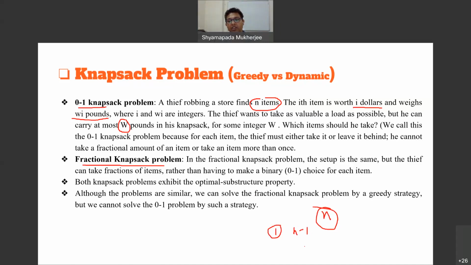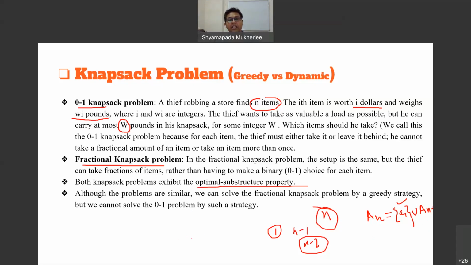After taking a second item, he will be left with n minus 2 items. If we denote the optimal solution as A_n, it will contain the one item that we have taken, suppose a1 or w1, and then the union of A_(n-1). So the optimal solution A_n depends on the one item you have taken at the time and the optimal solution for the remaining n minus 1 items. So the knapsack problem shows the optimal substructure property, for both the 0-1 knapsack and the fractional knapsack.